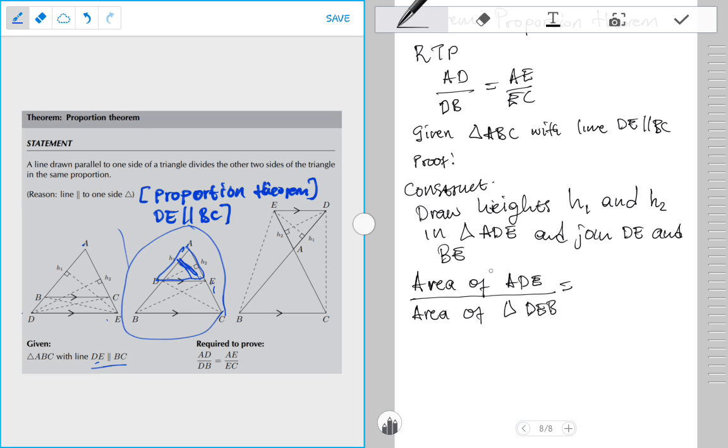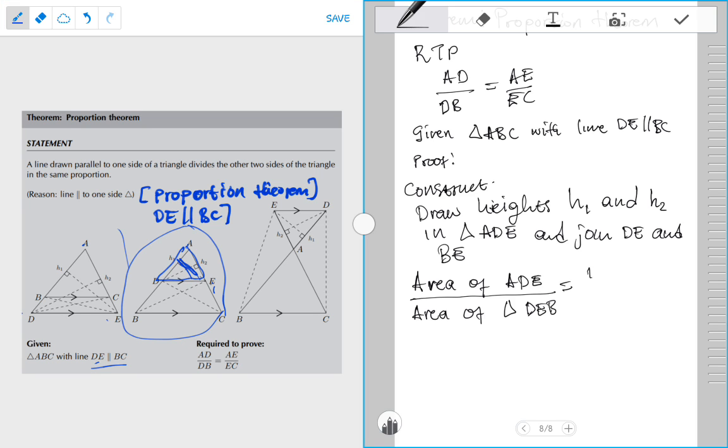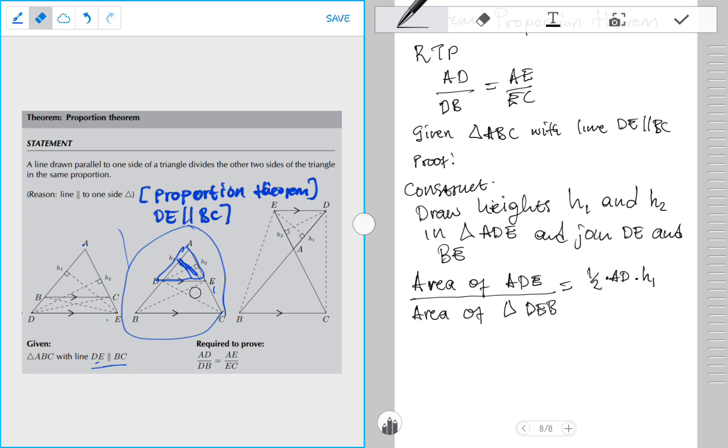Then the area of ADE is equal to 1 over 2 times the base, which is AD, multiplied by H1, where H1 is the height of ADE.